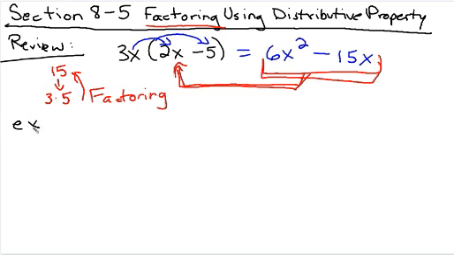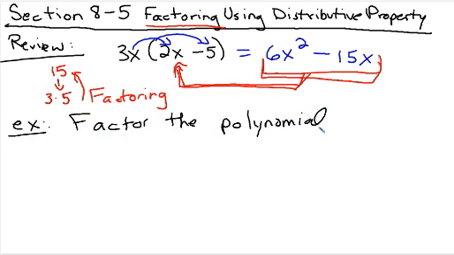Let's get started. So let's say that you are asked to factor the polynomial. And let's say that we have 14x minus 21y. Well, all we want to do is work backwards.